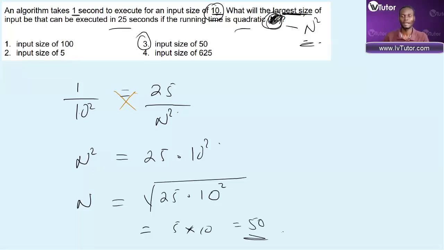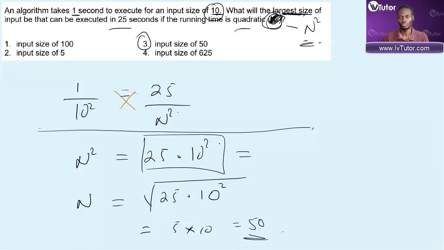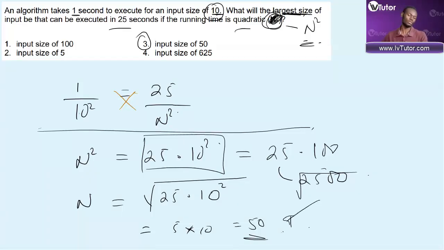But remember, from this point forward, you can actually use your calculator if you want to make it easier, which means this would give you 25 multiplied by 100, which gives you 2,500. And then you can just compute the square root of 2,500, which gives you 50. So which approach you take, it's a matter of personal preference.